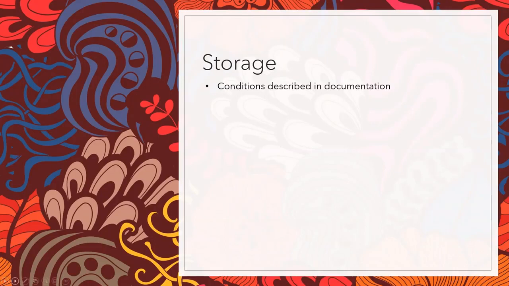So ideally, these conditions are described in the documentation related to digital preservation that your archive creates, and regularly reviews and actually follows as you're storing your records and as time progresses.